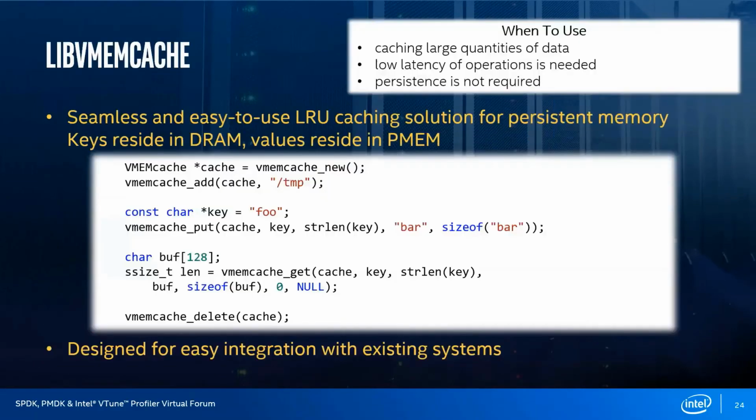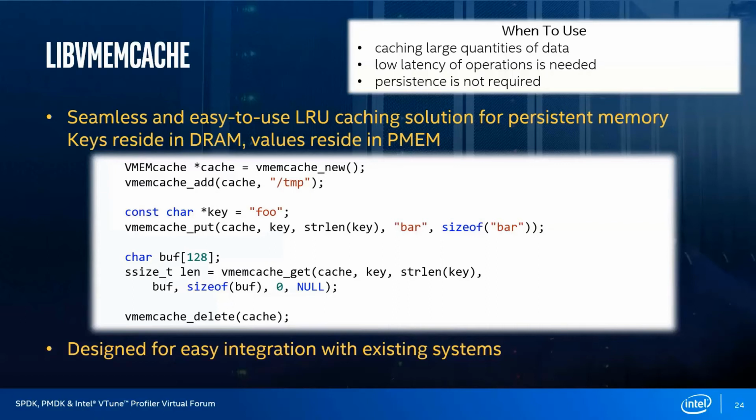The next solution that we have is libvmemcache, and it also uses persistent memory as memory. It's a fairly simple solution that provides you a get-put kind of interface with an LRU replacement policy.